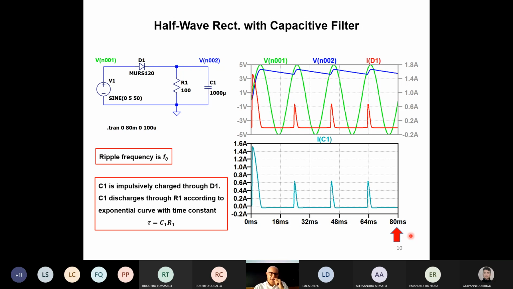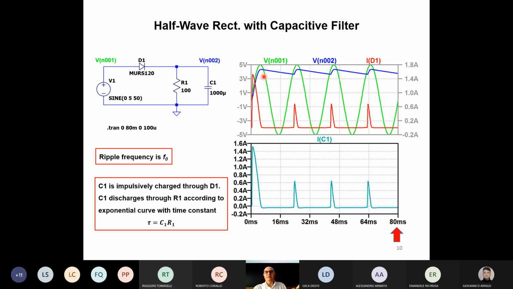In this case, just because we are going to move to the next picture, I pointed out that, again, the ripple frequency is the same as F0, the frequency of the input. This is a half-wave rectifier.